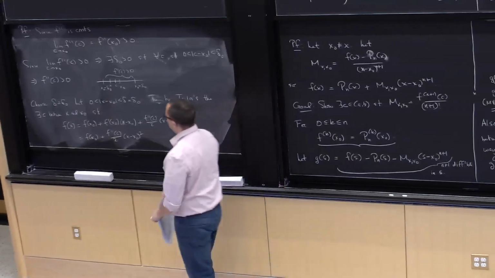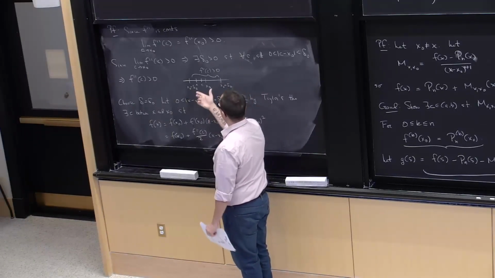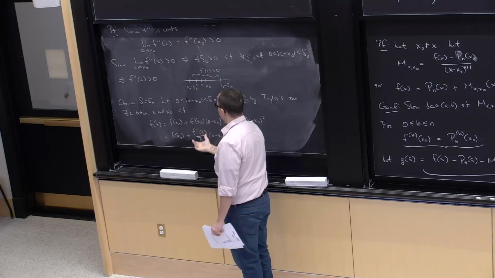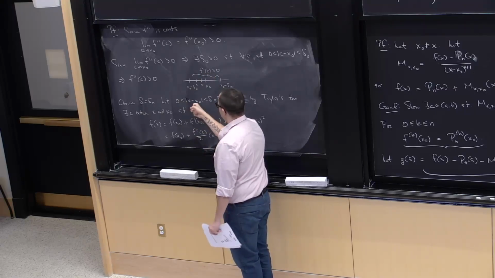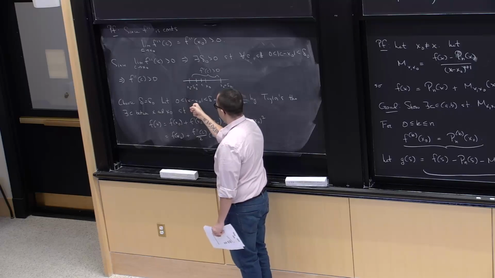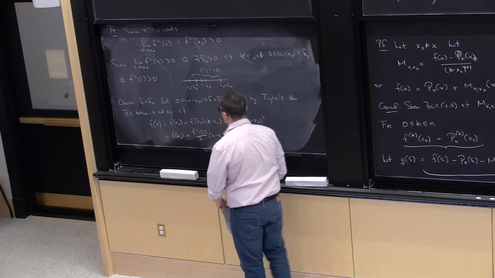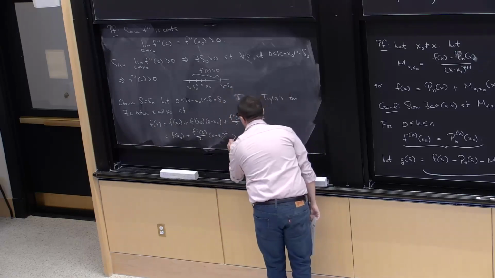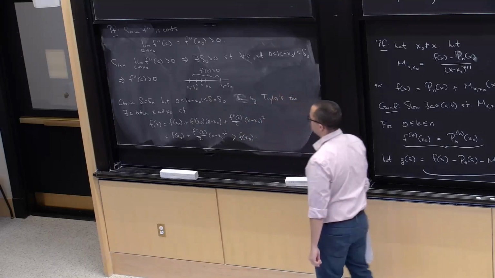Now, on this whole interval, which is where I'm looking at, f double prime of c is positive, so this thing here is positive, and as long as x is not equal to x0, this is positive. This is a square. So this is strictly bigger than f of x0, which is what I wanted to prove, right?